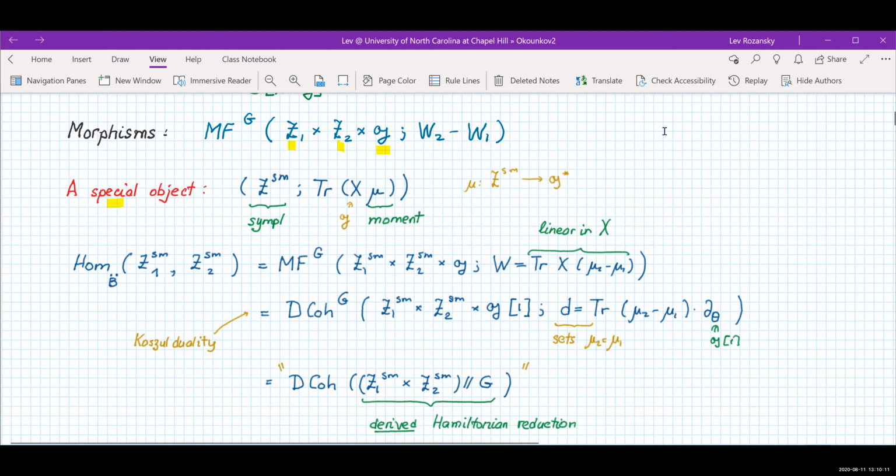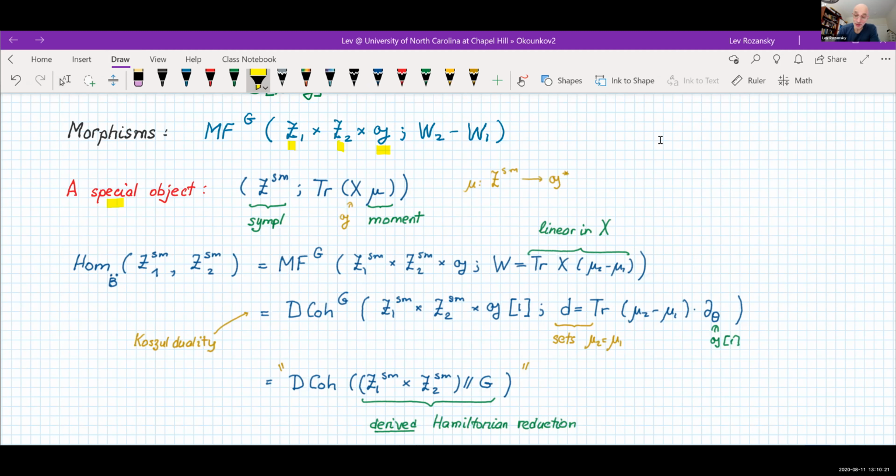Okay, yeah, maybe. So you apply this Koszul duality and you trade the Lie algebra for odd variables, the odd counterpart of the Lie algebra, and the superpotential is traded for the differential. And the differential will be the Koszul differential, which sets the difference of moments to 0 in a derived fashion.